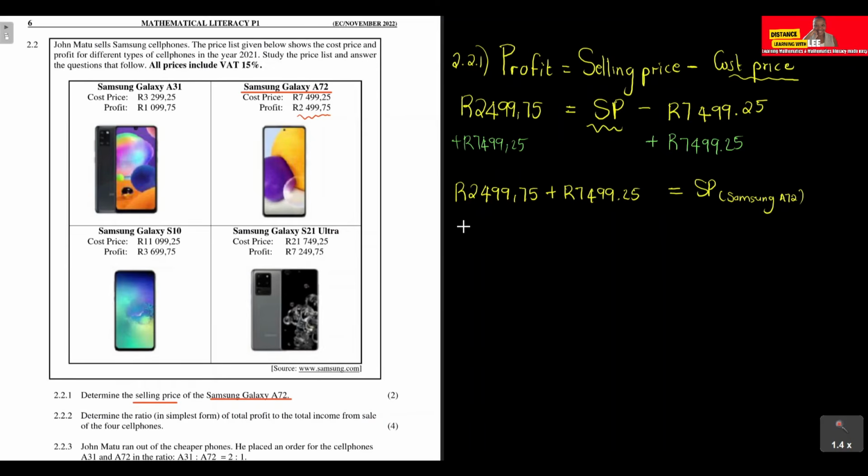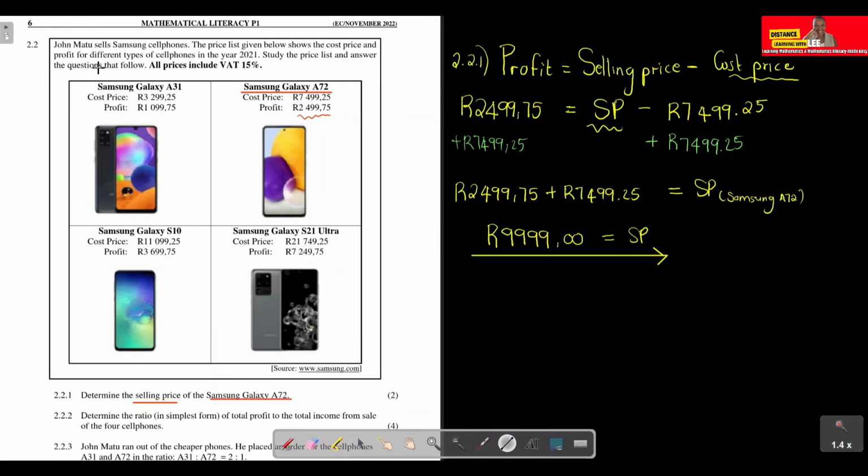If you punch this into your calculator, guys, you'll get that your selling price is equal to 9,999 rand, and that is it. We are basically done.